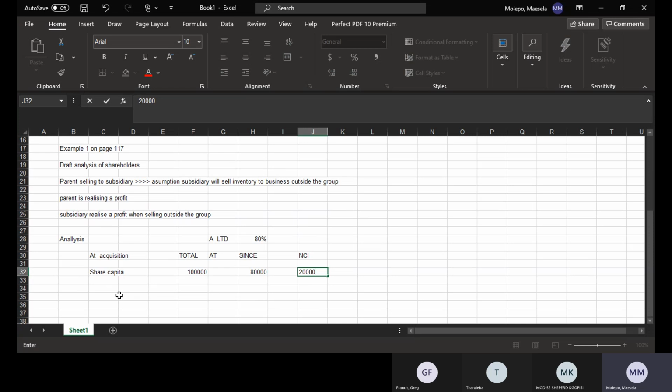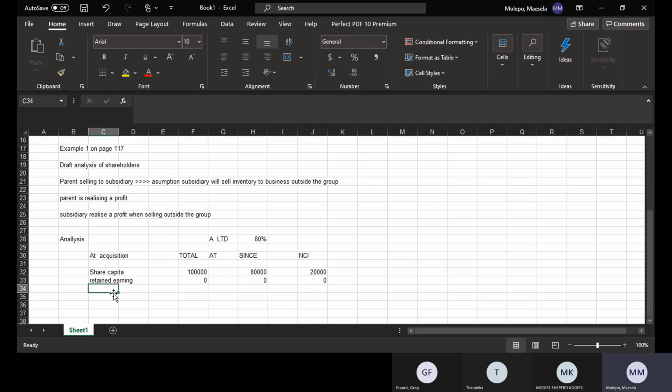We don't have any retained earnings at acquisition. The retained earnings we have are on 1 January 2008, for the current year. So this one will be a dash, and a dash here; I can say 0, 0, and 0.